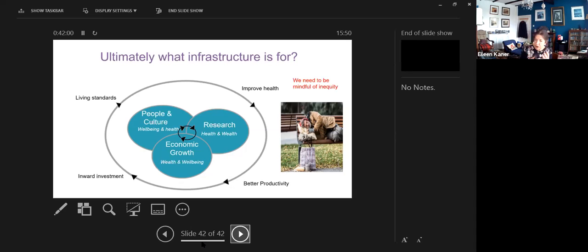And that's a real commitment to the North East and North Cumbria. And I would say that almost every one of those structures that I've mentioned has a commitment to trying to address inequality at the same time as driving forward the research and health agenda.